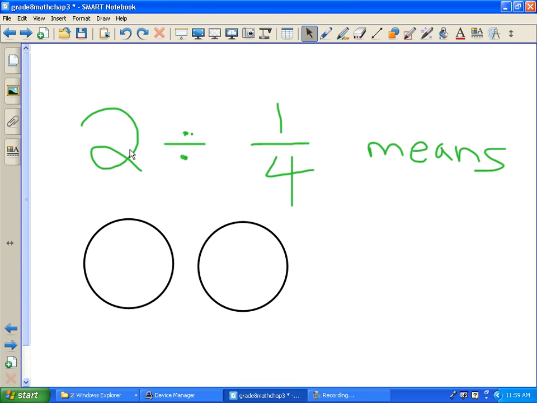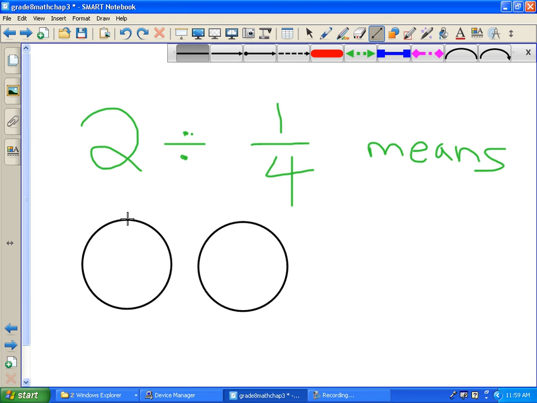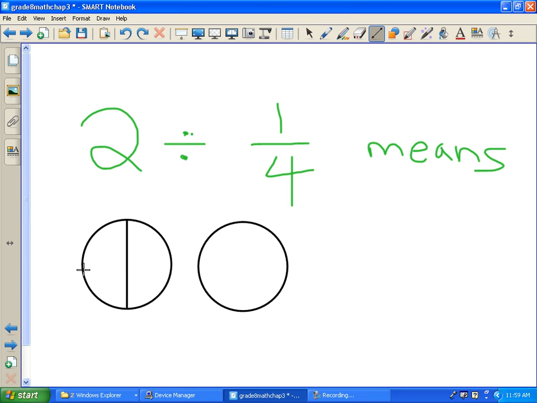So let's look at this one here. 2 divided by 1/4. So I've got 2 wholes, just like this shows me up here, and I want to divide it into quarters. And let's see what we get. So let's split this one into fourths. 1, 2, 3, 4.